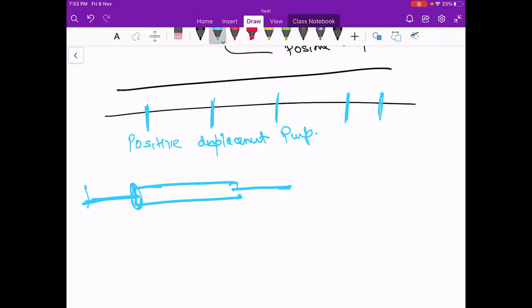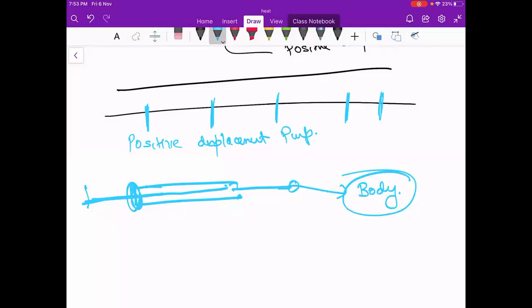The doctor's injection has a piston that goes forward and the medicine comes into your body. These are the best examples where positive displacement pumps can be used.